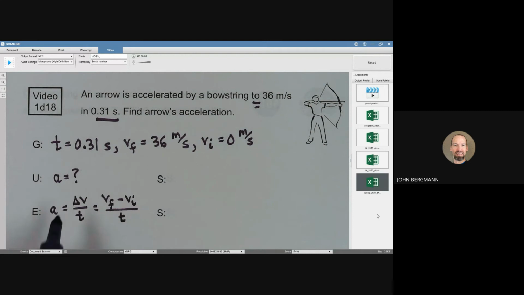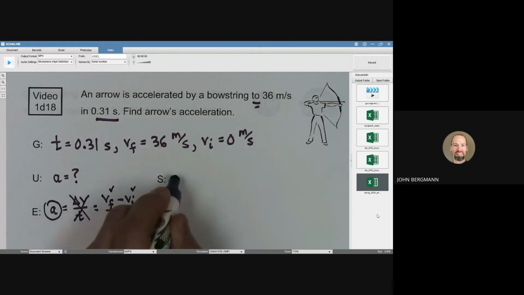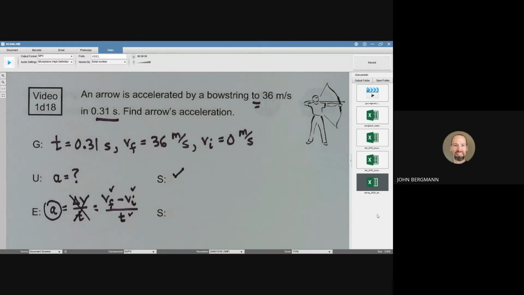In fact, this middle part of the equation, I don't think I'm going to use that, because what I have is v final, v initial, time, and I'm looking for the acceleration. So this first S, which stands for solve the equation for the variable you're looking for, we don't need to do any work there. The equation is already solved for the variable we're looking for.